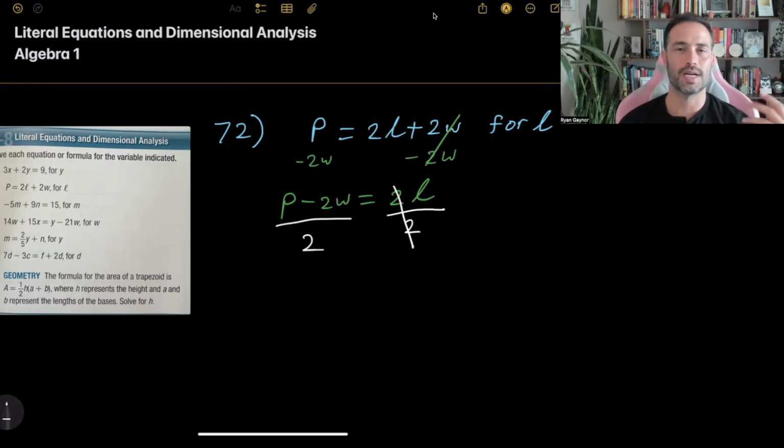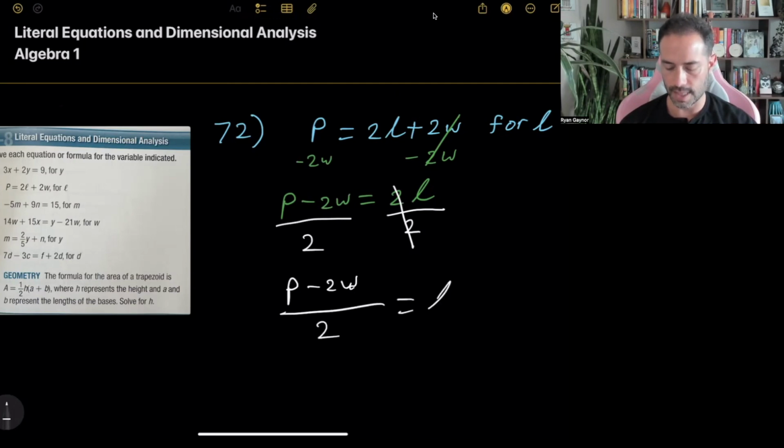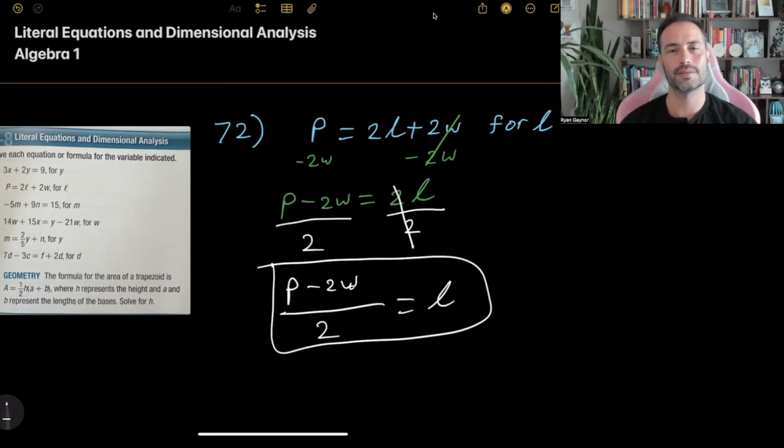So I can't just divide the P or the 2W, I have to divide all of it, because again, if I didn't, it would not be balanced. So now I have P minus 2W over 2, and that's equal to L. That's what they wanted. So this is our final answer.